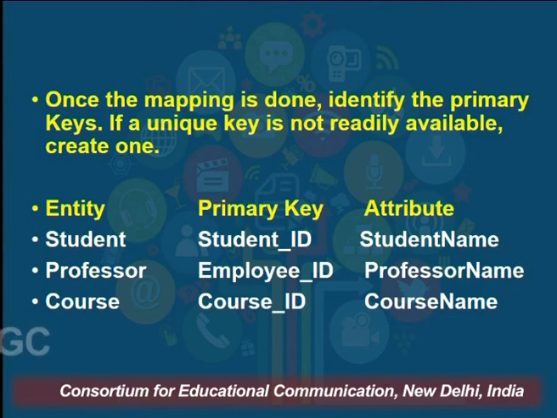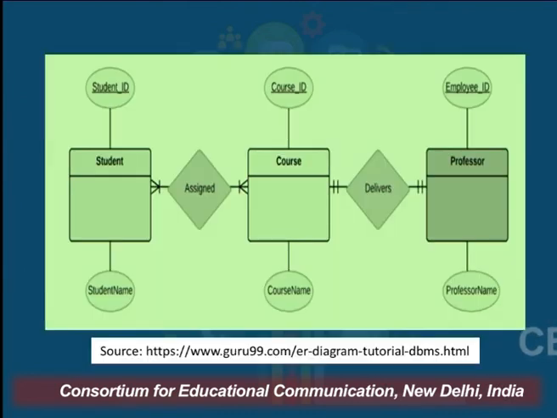So apart from the primary key, there can be many other attributes associated with an entity, as we have seen here. Now, just for the sake of simplicity of the representation, I am taking only one attribute along with the primary key. So for a student, it is going to be student ID and the student name, where student ID is the primary key.